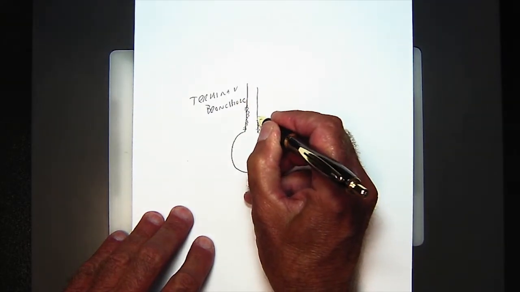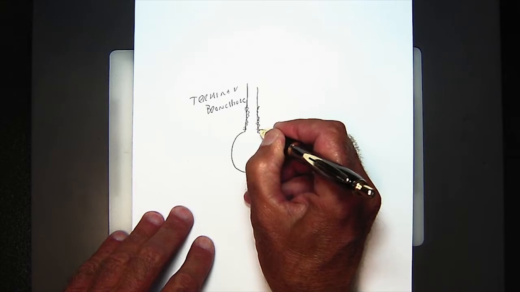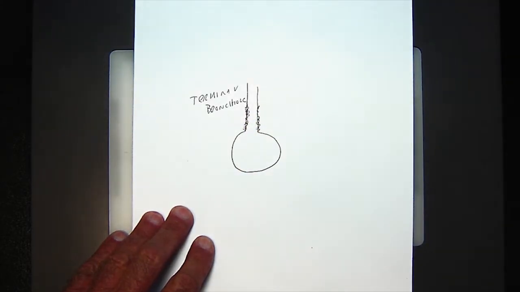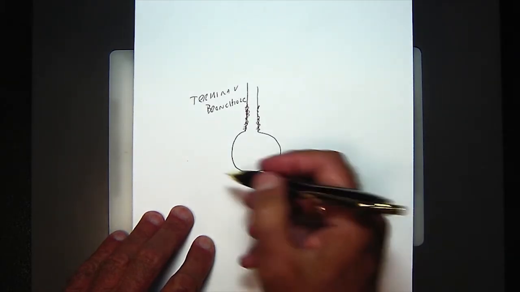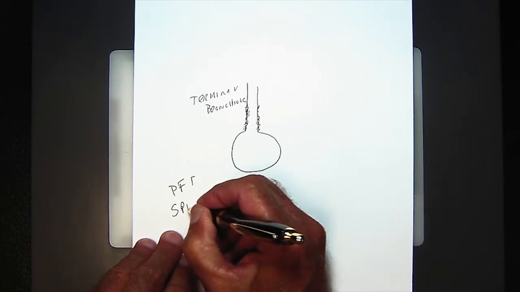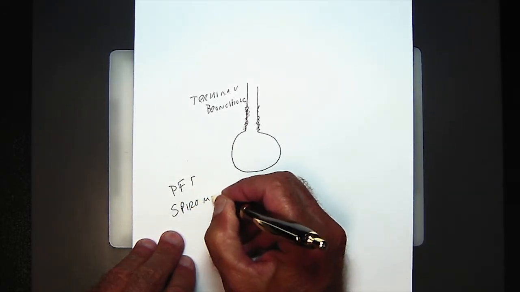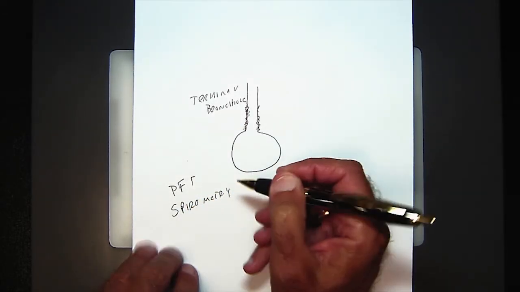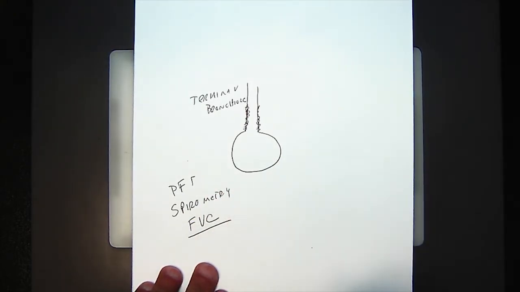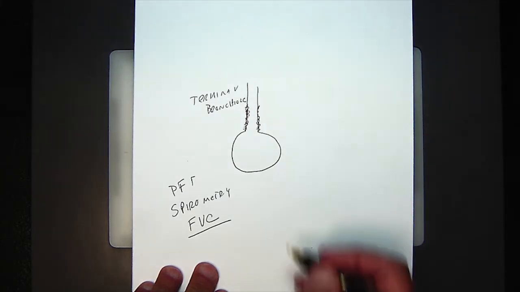And they have destruction of the walls that lead to the alveoli. So when we do a pulmonary function test and we're looking at spirometry, we're telling the patient to blow out as quickly and as forcefully as possible.